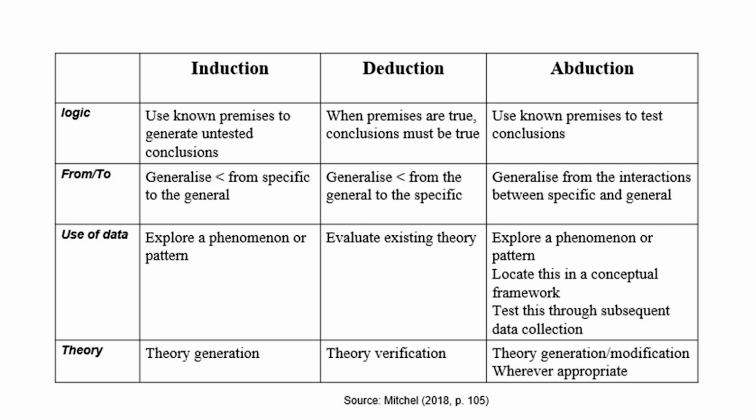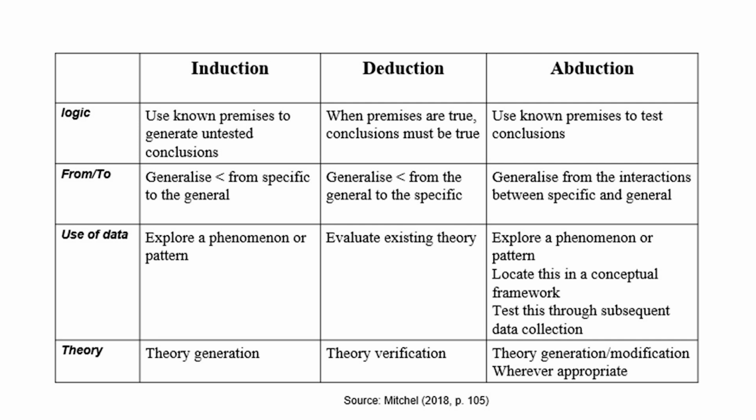That is what is mentioned here, untested conclusions. When it is deduction, we come to conclusions using tests, and normally the conclusion must be true too. When the premises are true, meaning the theory says something, the outcome of the study also matches the theoretical premises.